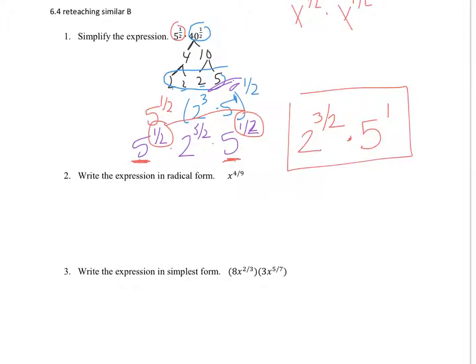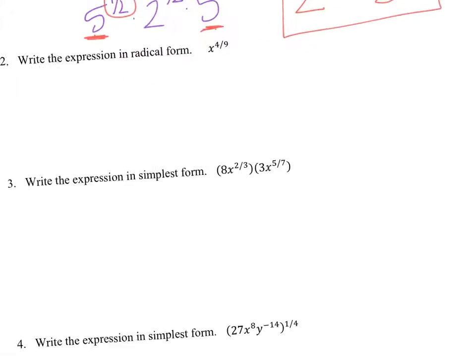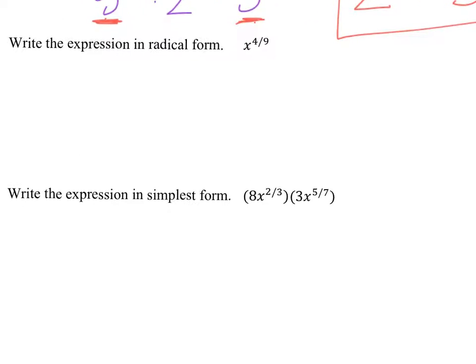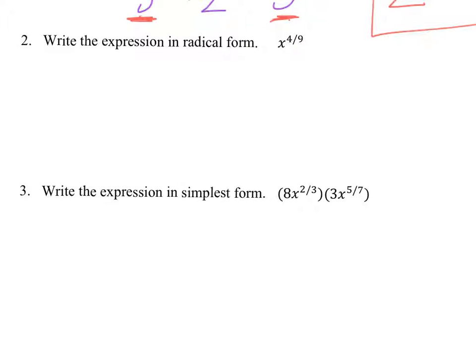Next one. Let's do the next one. Ooh, I don't know why it does that. So I have to rewrite this in a radical format. So when I have a problem like this, remember, the reason why we have fraction exponents is they are going to be your radical. They're going to be your root. This is your root.